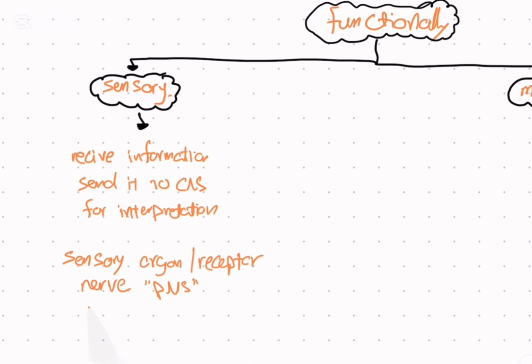The sensory nerves carry this information to the central nervous system for processing. In the central nervous system, we have specific parts responsible for receiving the sensory information, and from there the information will be interpreted and translated into orders. These commands are then sent back through the peripheral nervous system to carry out the appropriate response.